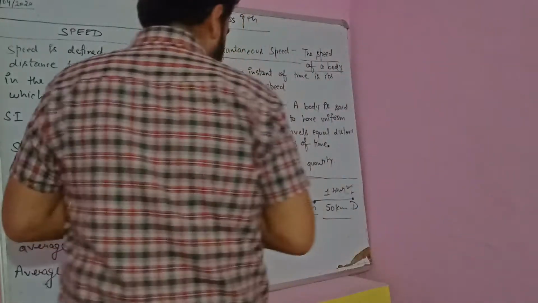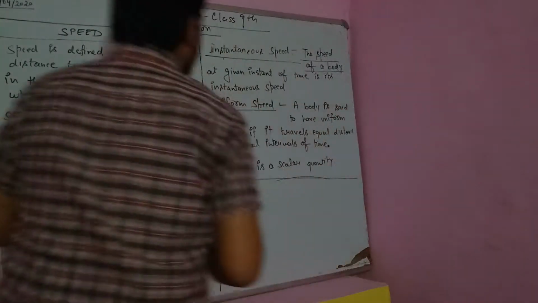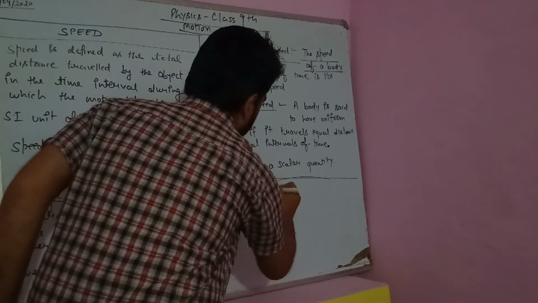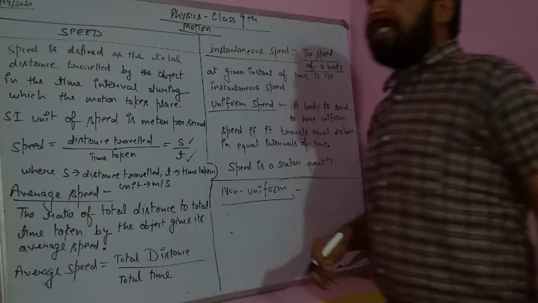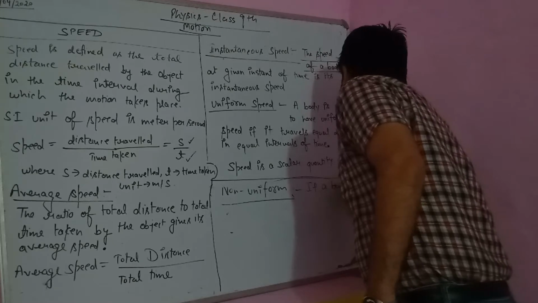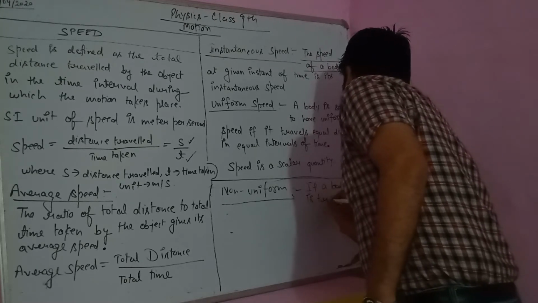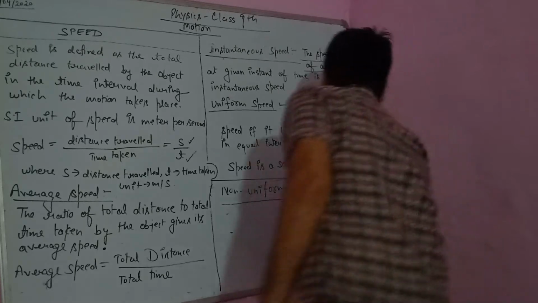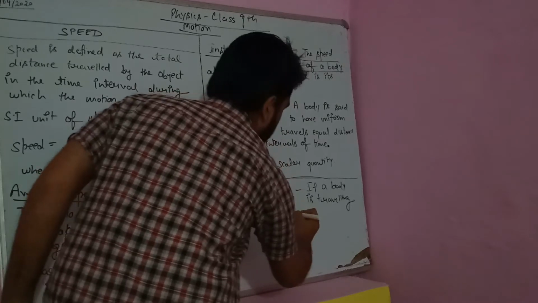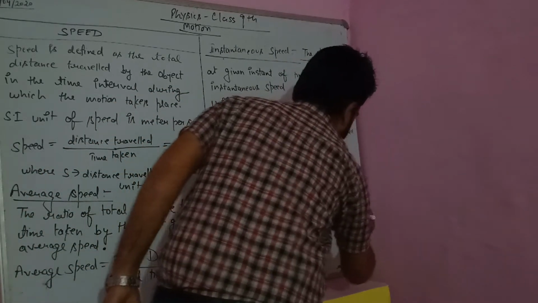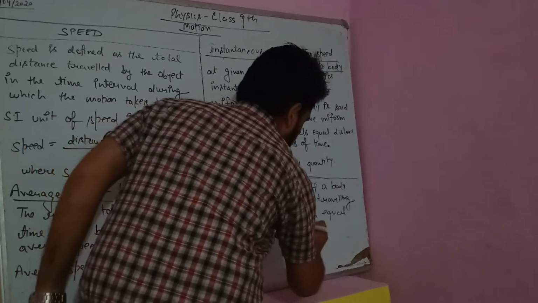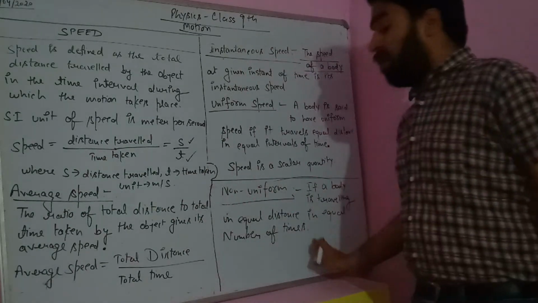Now students, we can also consider non-uniform speed. You can understand it by yourself now: if a body is traveling unequal distance in equal intervals of time, then the body is said to have non-uniform speed.